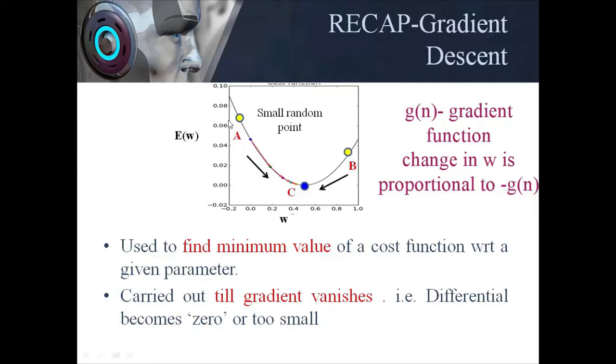So the gradient increases the cost function, and our adjustment of the parameter is opposite to this gradient, that is, it is proportional to minus Gn, where Gn is the gradient or the slope. So it is always trying to reduce the value of this cost function we have plotted.